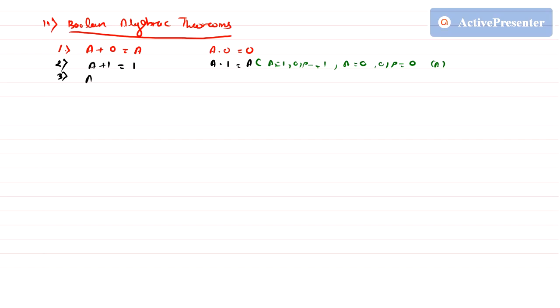Next is A plus A will give you A. If both are 1, the output will be 1. If both are 0, the output will be 0. It is similar for the AND operator: A dot A will give you A. 1 into 1 is 1, and 0 into 0 is 0.